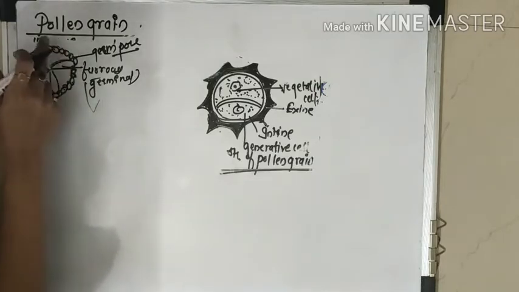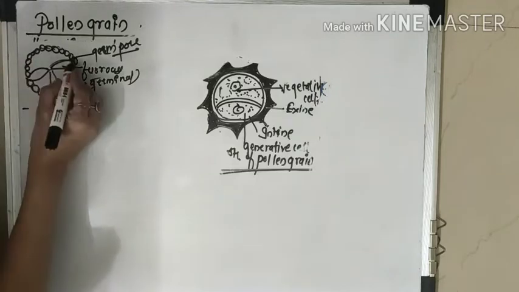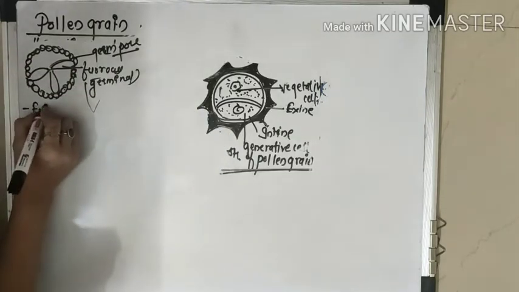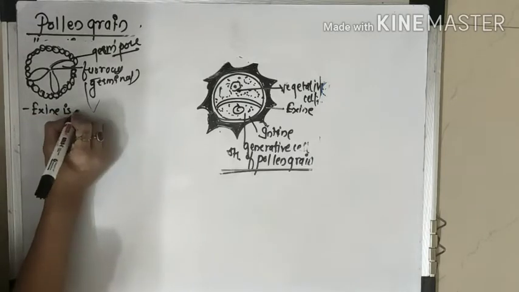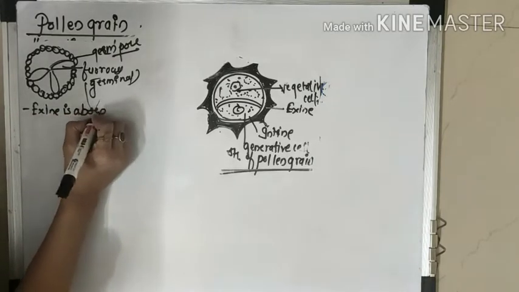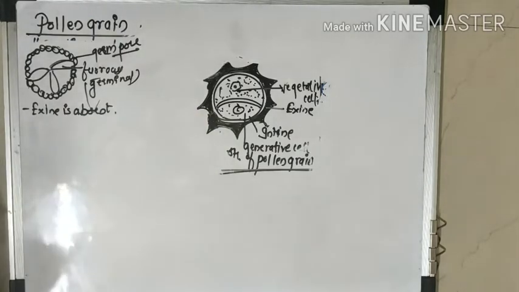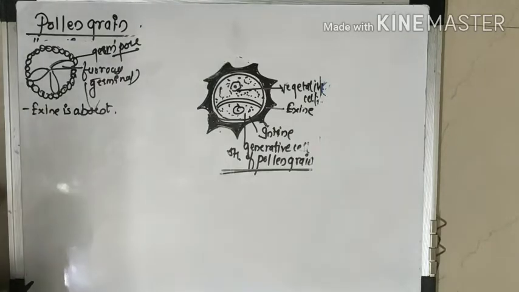In this region exine is absent. Where the pore is present, the exine is absent. यानी जहाँ एक्साइन एब्सेंट रहता है, जहाँ एक्साइन नहीं रहता है, वहाँ पे जर्म पोर्स रहते हैं, नहीं तो फरोज, जर्मिनल फरोज रहते हैं.